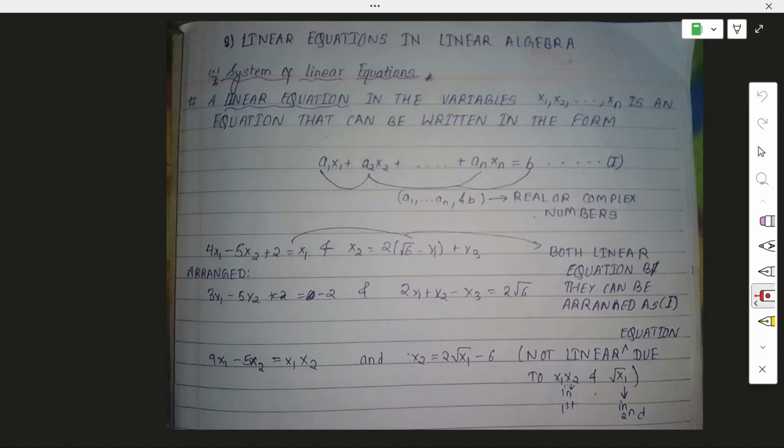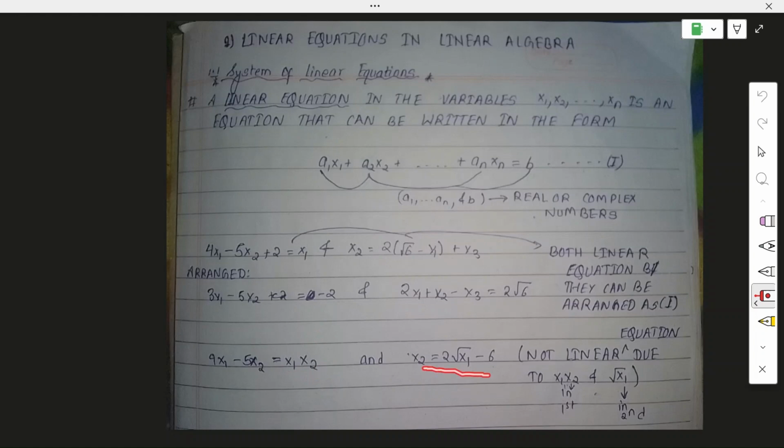The answer is no, because a1 is 4 with x1, a2 is minus 5 with x2, and b equals x1 x2. The terms should be of degree one, but x1 x2 is of degree two. So it does not fulfill the definition, and it is not a linear equation.